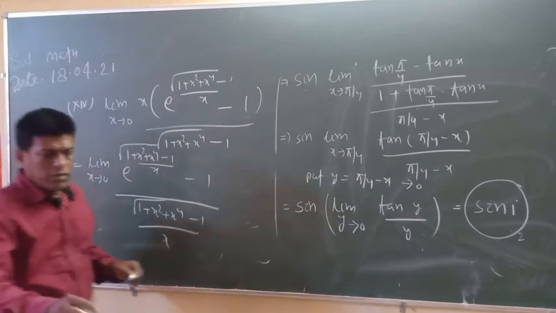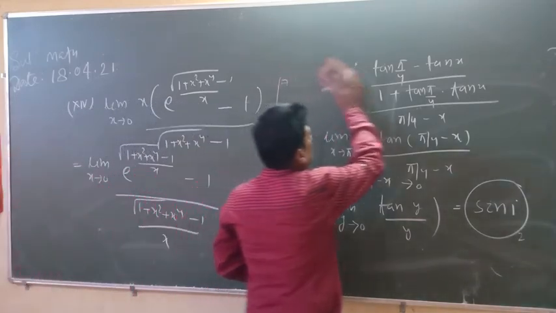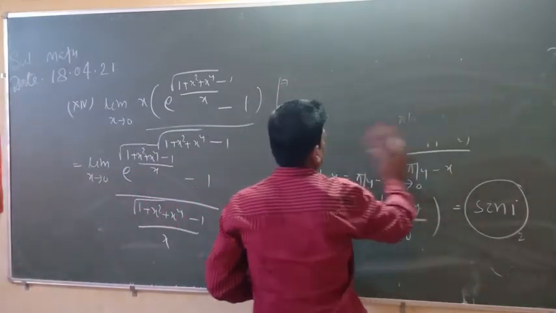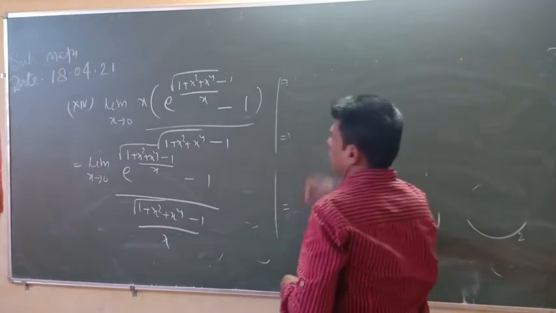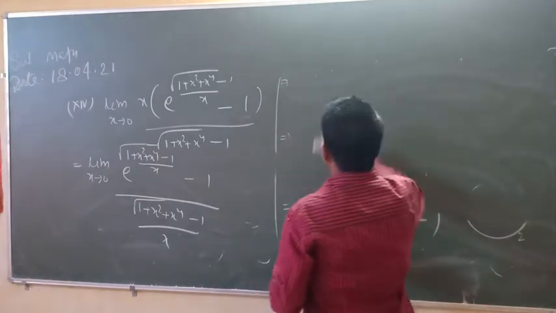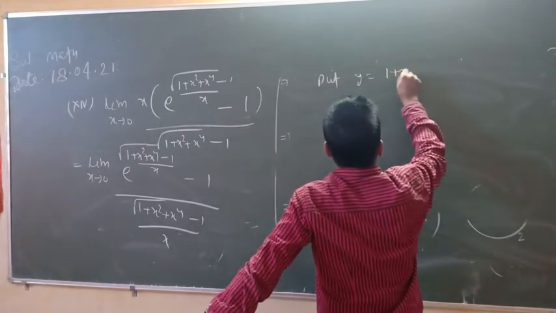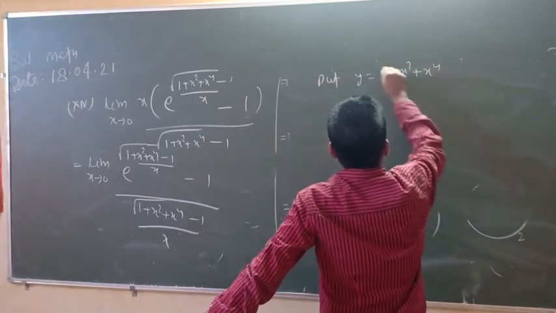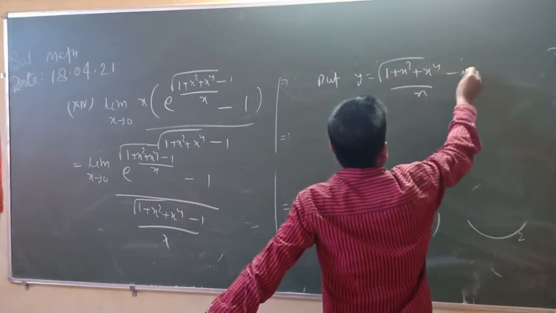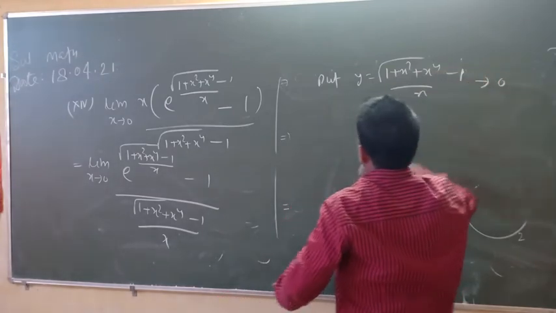So now you write this. In this case you can simply write, put y is equal to (1 plus x square plus x^4 root minus 1) by x. So y tends to 0.